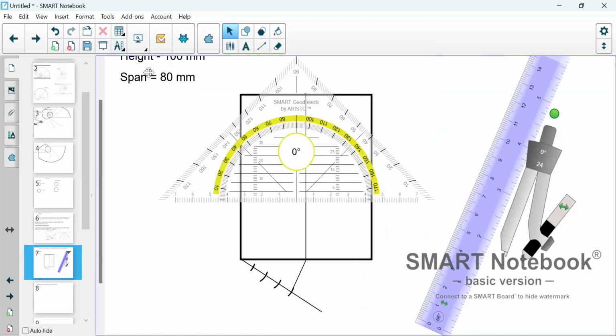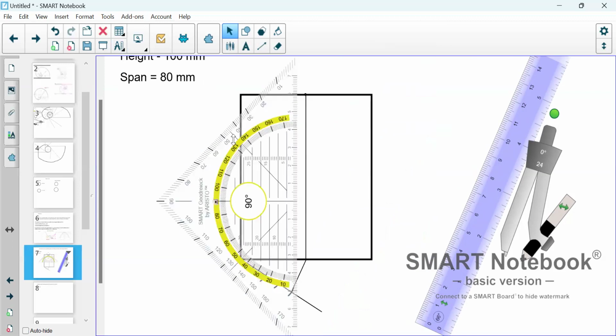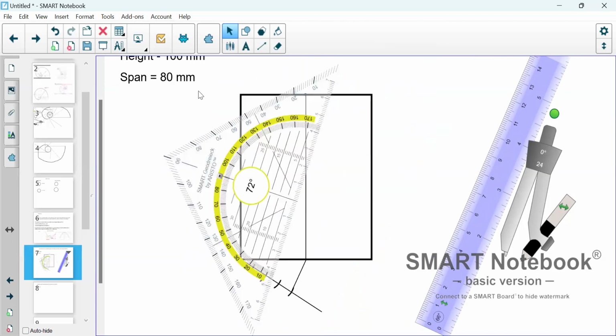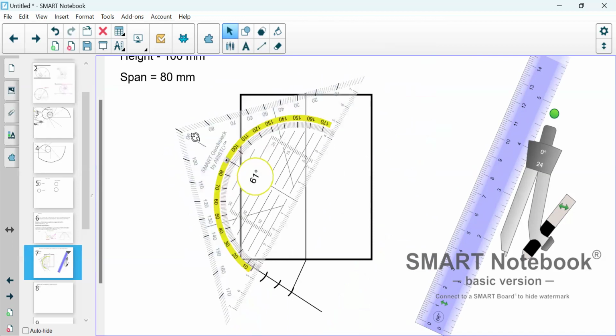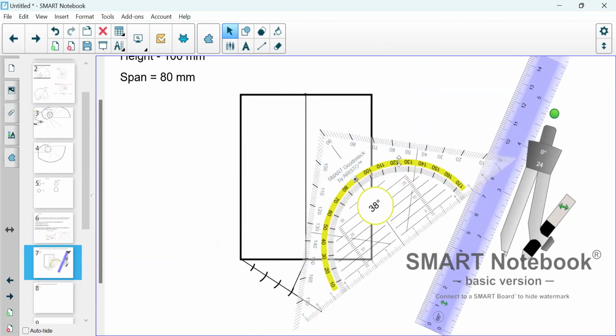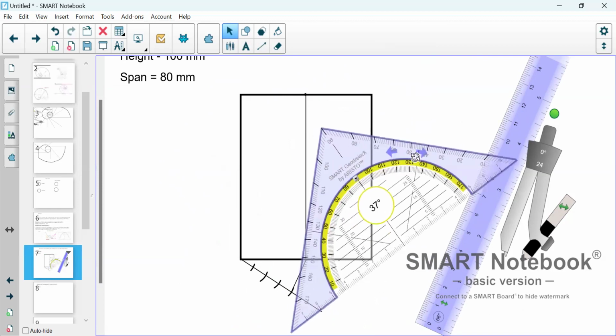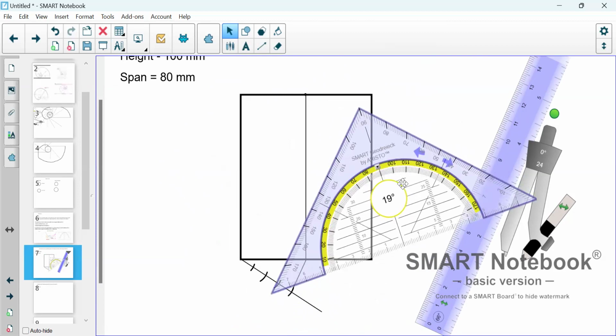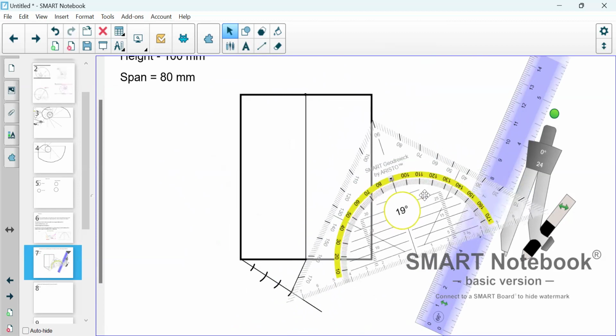And to get the other divisions, of course, we know we have to use our set squares, or one set square and the ruler. So we set it on the line.